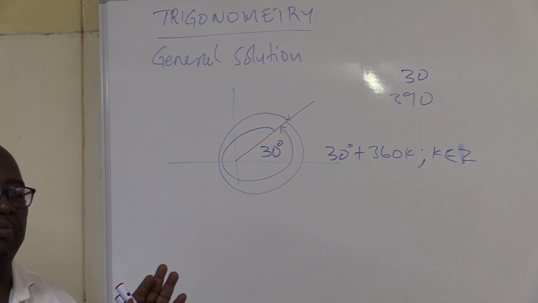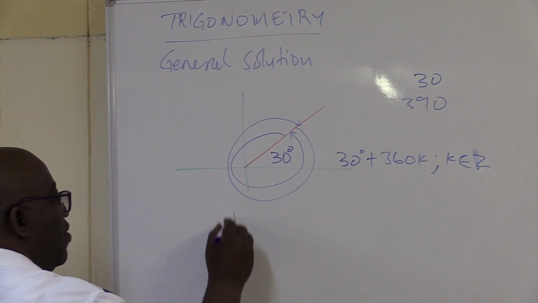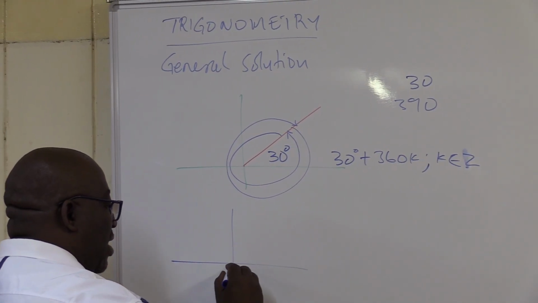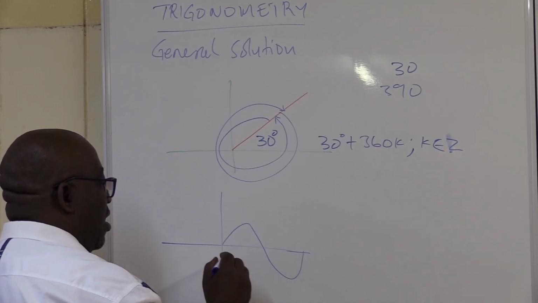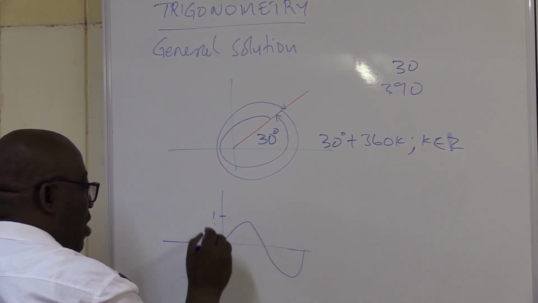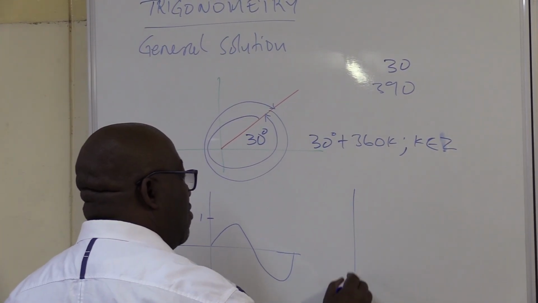When you do these problems, let me give you a rough sketch of what a sine graph will look like. This is what a normal sine graph looks like. Remember, this is 1, and this will be minus 1. This is what a cosine graph looks like.